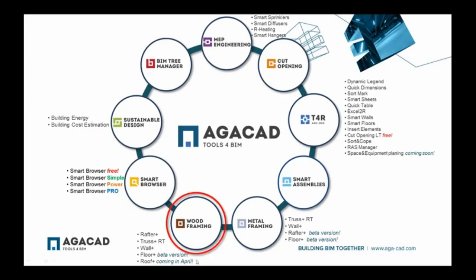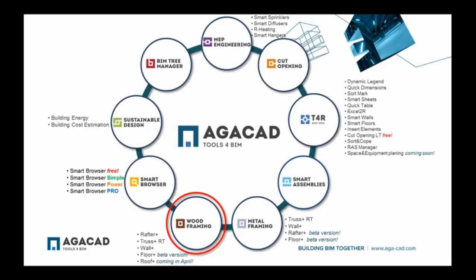And today we are going to talk about the Wood Framing Suite, where you can find different solutions for making wooden frames on your wall, floor, or roof. And this is actually a big topic.